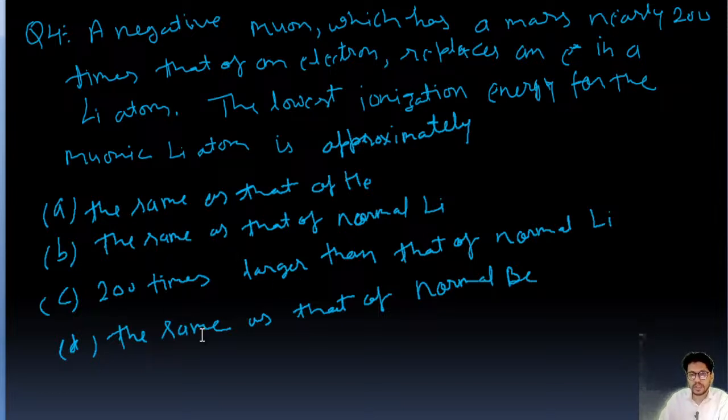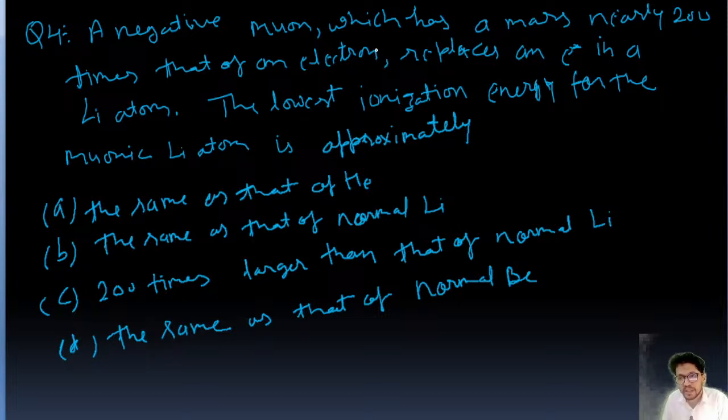So this is the question, guys. I'm going to solve it. A negative muon, which has a mass nearly 200 times that of an electron, replaces the electron in the lithium atom. In the lithium atom, that electron is replaced by that muon.